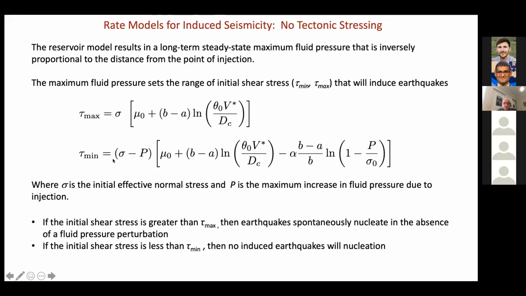Tmin is the initial shear stress on a fault surface, the minimum initial stress at which some pressure P max can induce earthquakes. And if the initial stresses are below Tmin, then injection of fluids will not result in earthquake nucleation.